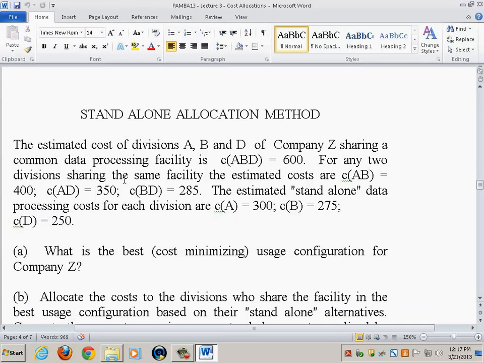You have company Z, which has divisions A, B, and D. The estimated cost of divisions A, B, and D sharing a common data processing facility, if A, B, and D share one data processing facility, the cost C would be, let's say, $600 million.